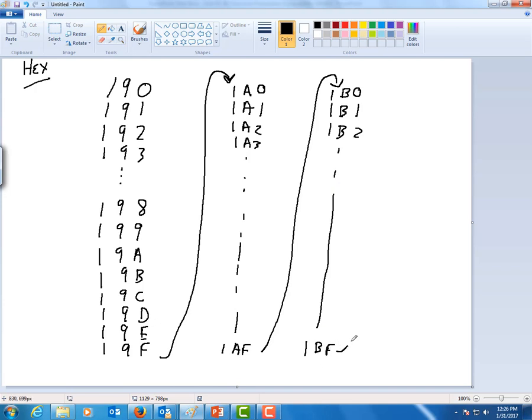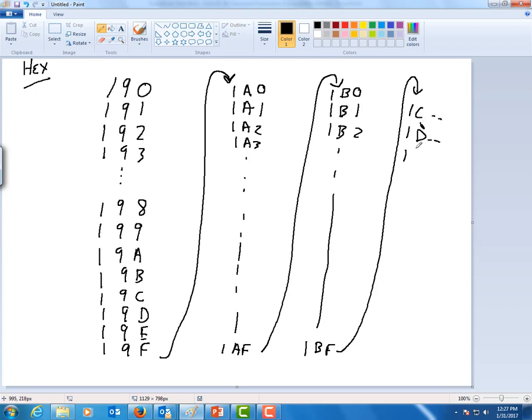And guess what? You're going to do the same thing over again, right? And you're going to continue doing this until you go through 1C, 1D. Oh, wait a minute. You understand that there's 1C0, 1C1, 1C2, 1C3. That's what's going on in here, right?